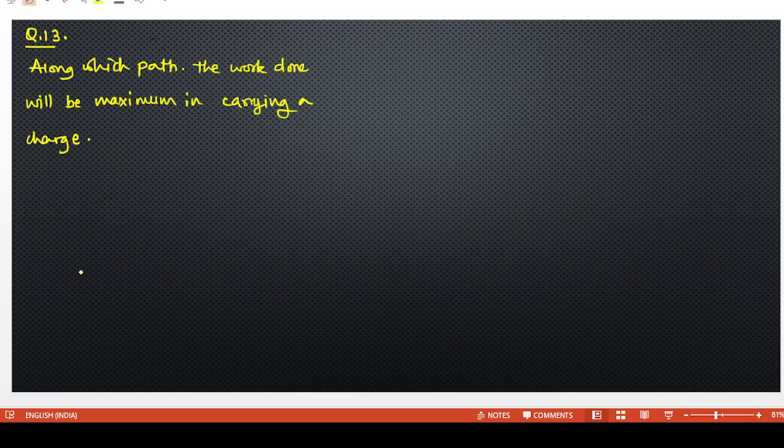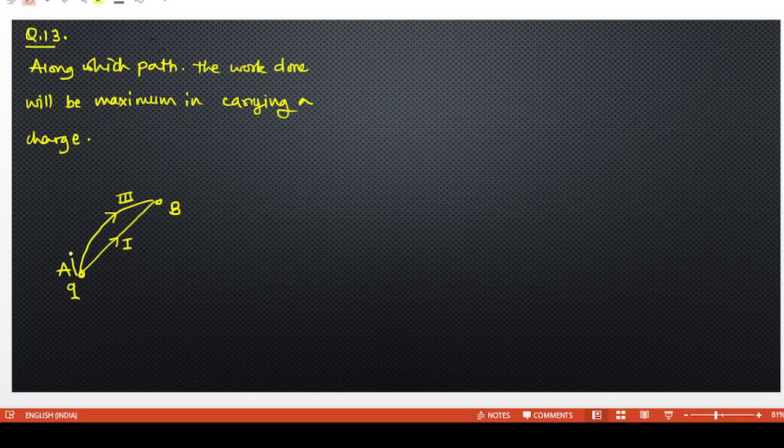Okay, so let us say this is our charge small q, which is to be taken from point A to point B. So it can be taken from point A to point B along different paths. Let us say this is the first path, straight line path. This is the second path.